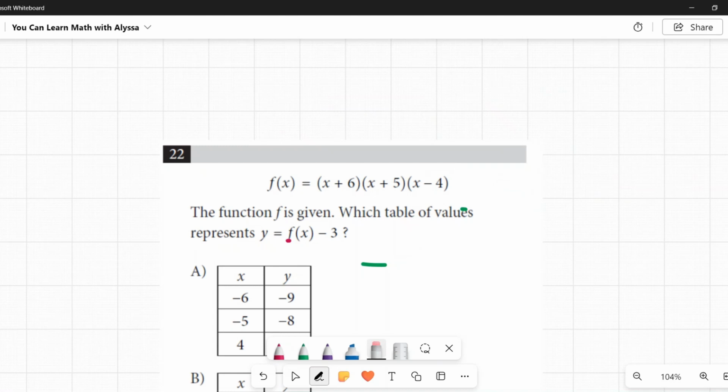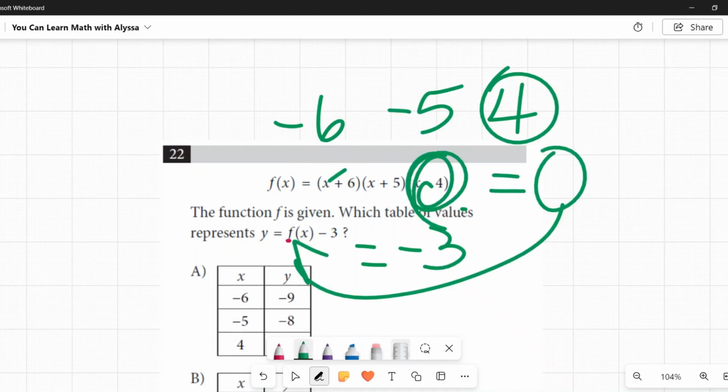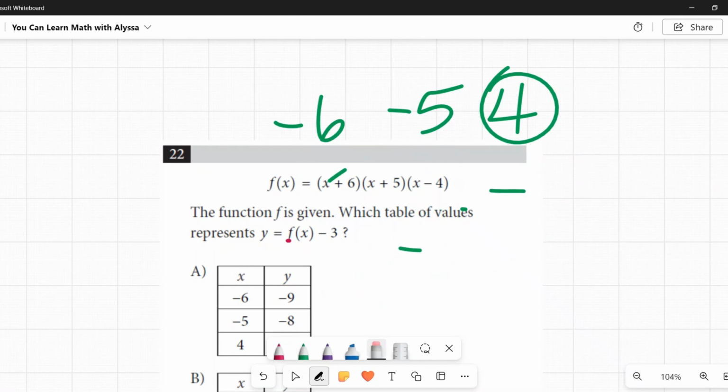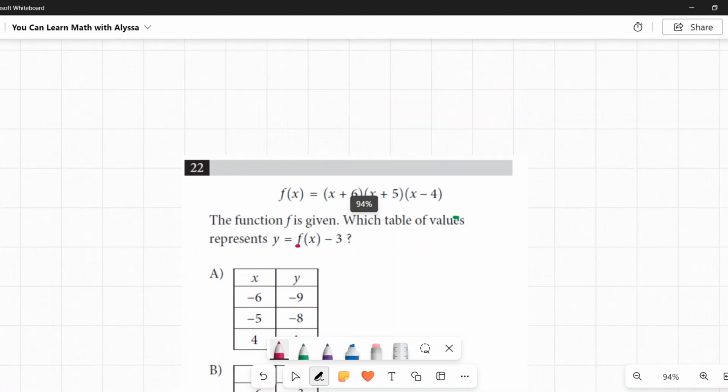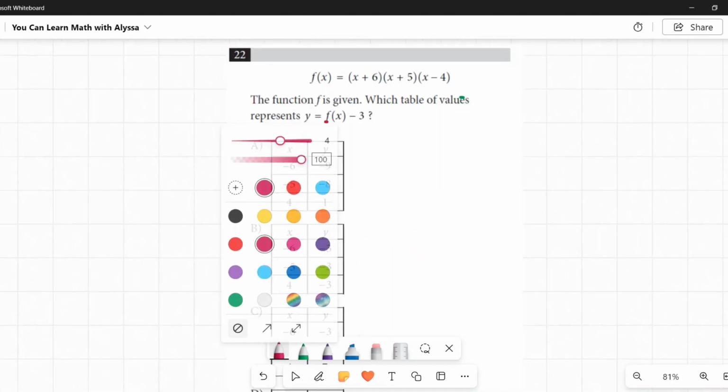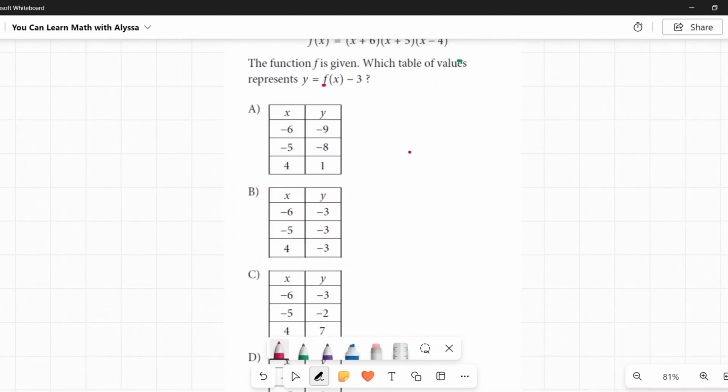You don't really have to do a whole lot of math because you don't have to plug in the -6 into each of these and then multiply together and do some lengthy thing. Sorry, I keep backing up too far. It's just -3, always -3. And which one of these shows -3 as the answer for each one?